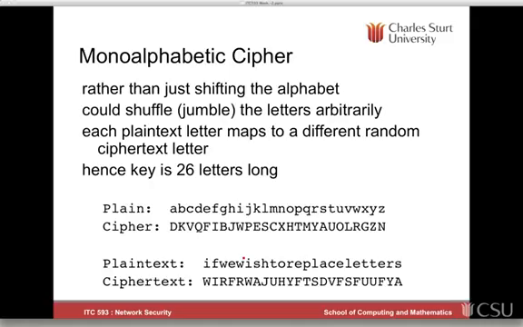The plain text A, B, C, D, E, F up to Z, and the corresponding cipher is D, D, K, V, Q, F, etc. This is an example of a translation alphabet and an encrypted message using it. For example, this is another plain text and the corresponding ciphertext.